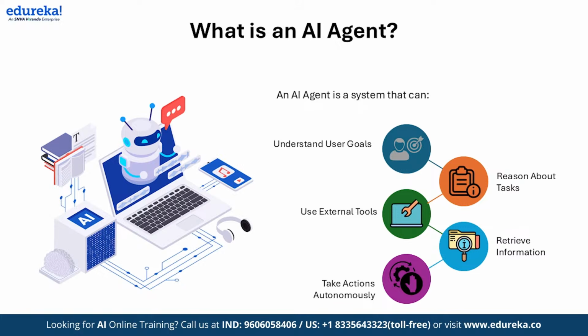That means you're going to use external tools like APIs, CRM systems, SaaS-based systems, or even your personal emails, Outlook, to get things done. So an AI agent bridges the gap between understanding the world and acting upon it.